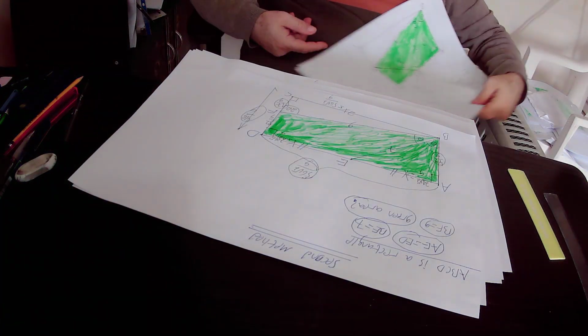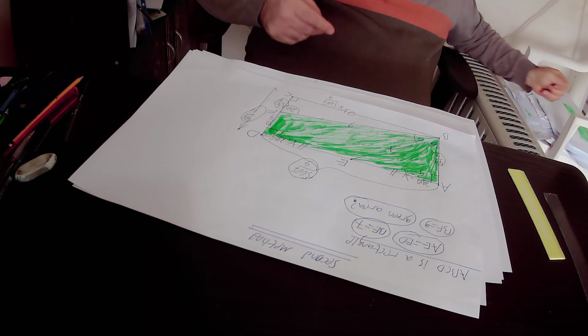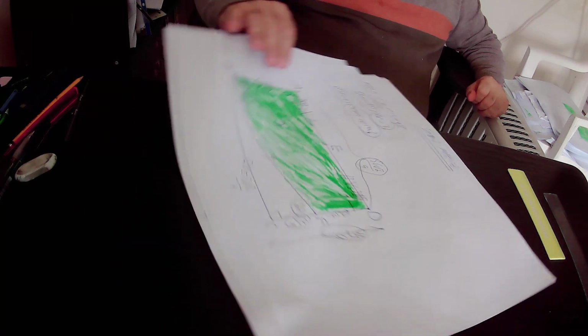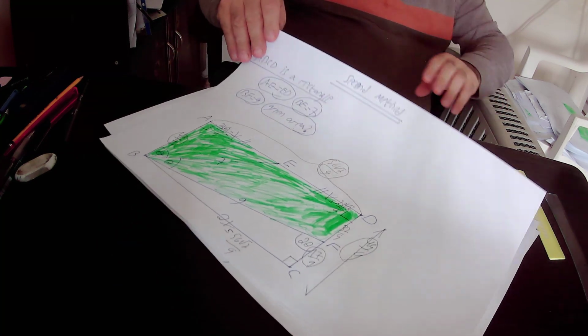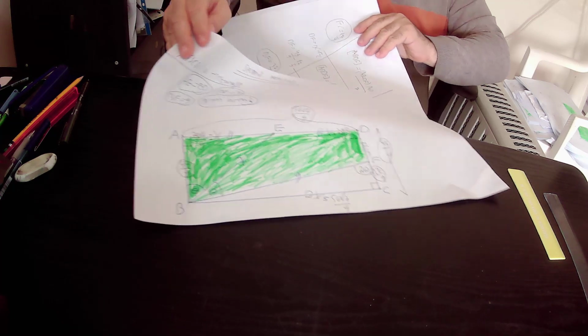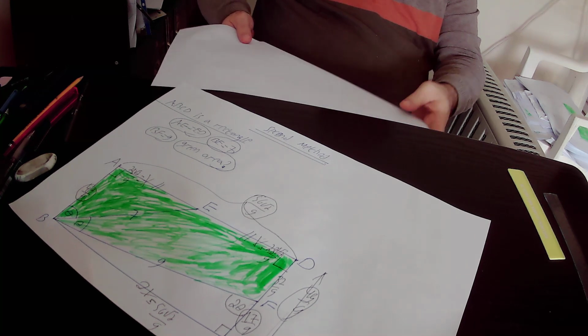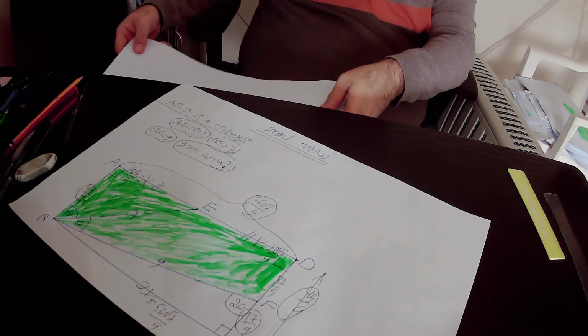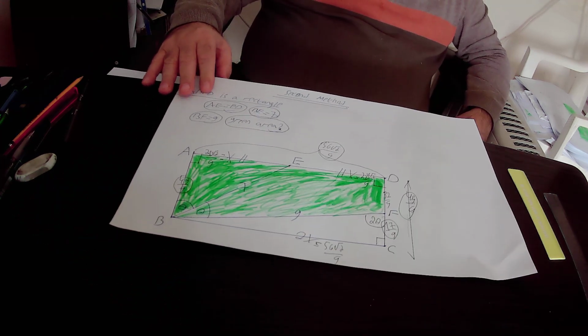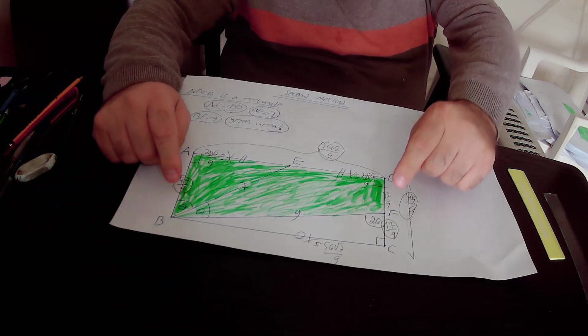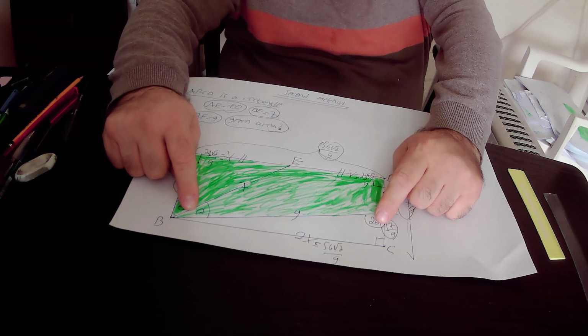According to the second method, we have those two angles, and they are alternating angles.